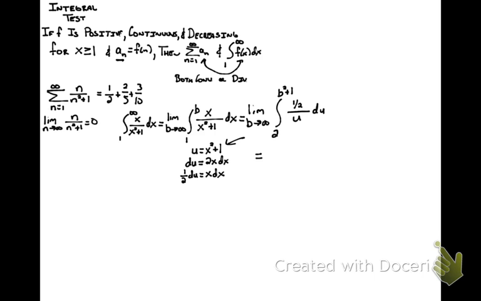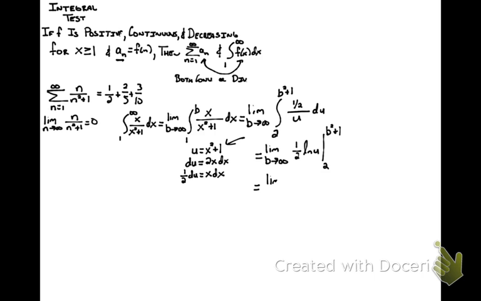So this was going to become the limit as b goes to infinity of 1/2 the natural log of u. I haven't changed anything back, so this is going to go from 2 to b squared plus 1. Now I usually don't write that down because I always change it back, so let me change it back real fast.